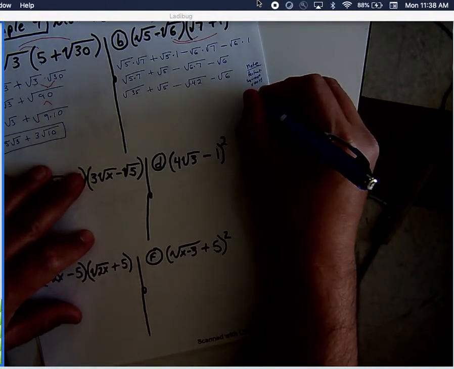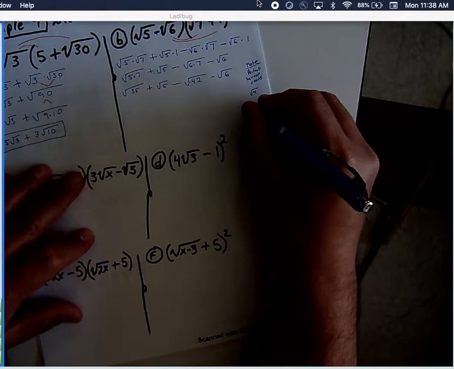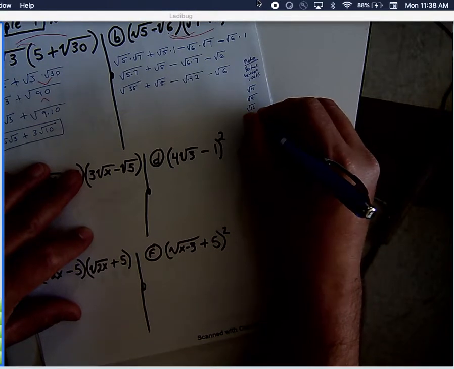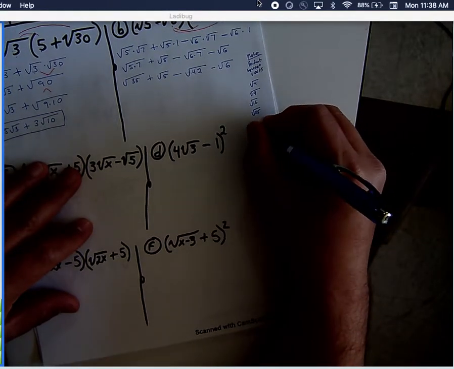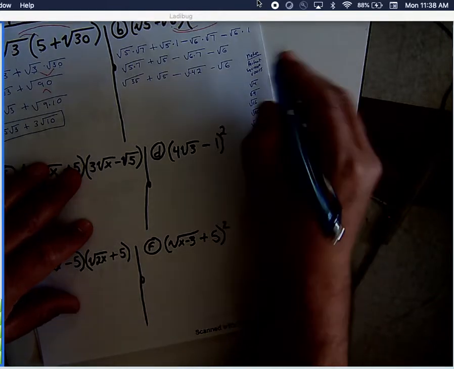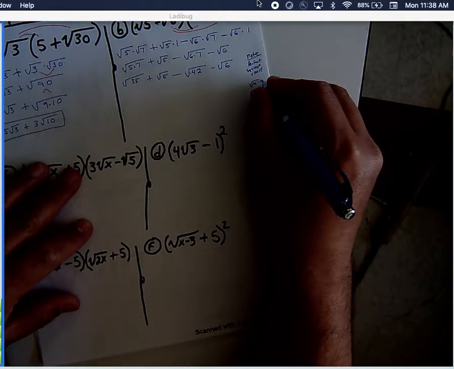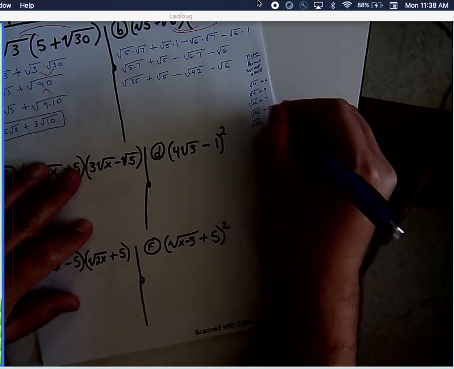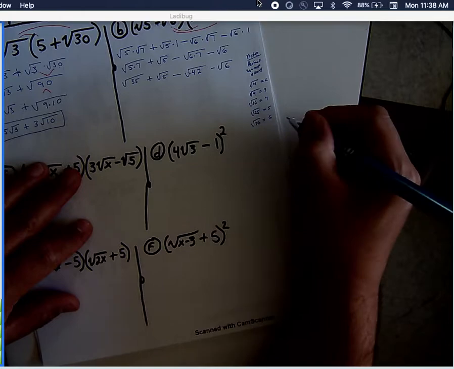So again, remember: square root of 4, square root of 9, square root of 16, square root of 25, and square root of 36, and so on. I'm going to stop here. This is 2, that's 3, that's 4, that's 5, square root of 36 is 6.